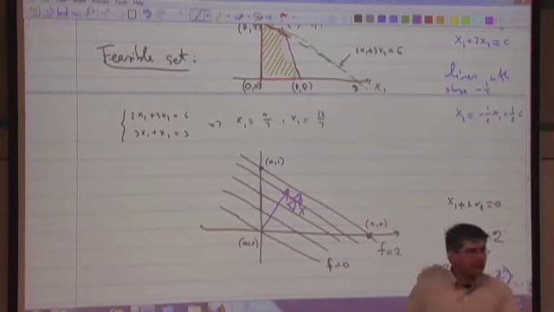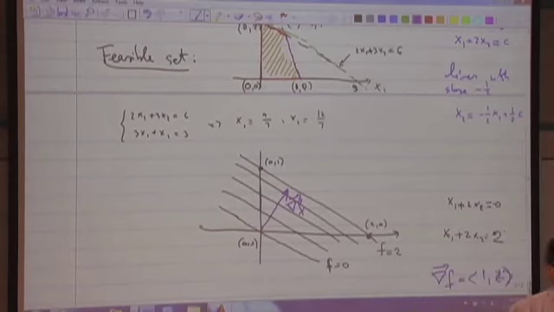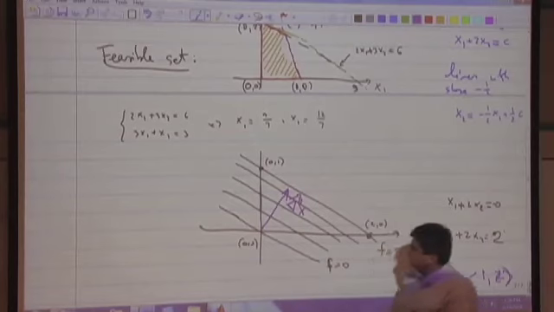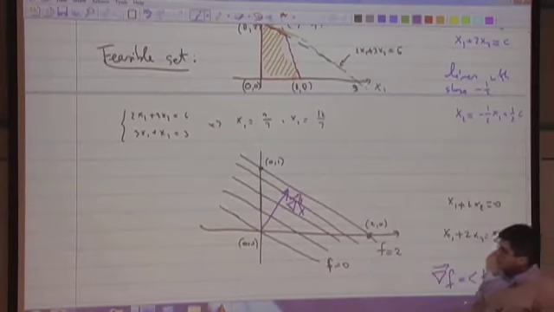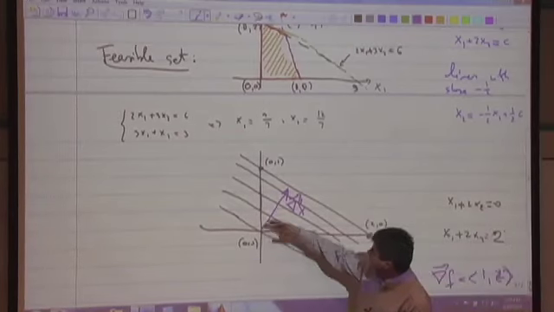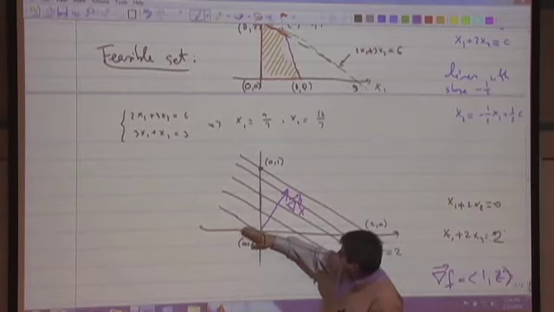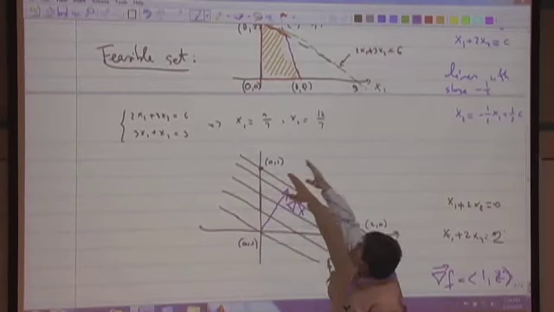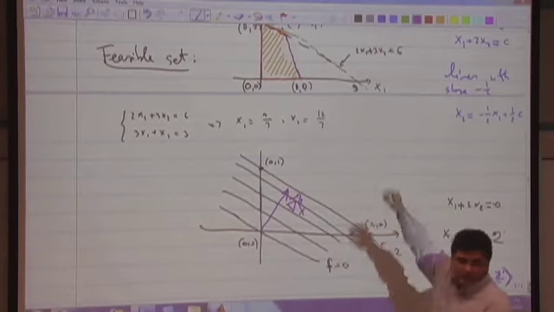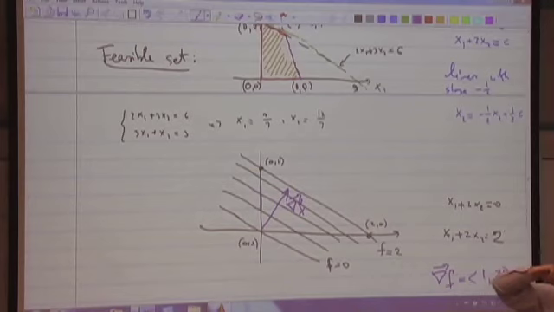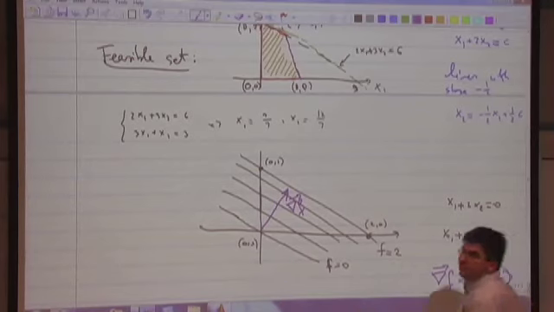It is the direction in which f increases most, actually. So it's in the direction of the gradient that f is increasing, right? So if you want to look for the maximum of the values of f, then we want to basically see what level curve I can draw that still intersects that feasible set, right? And that corresponds to the maximum value of f.